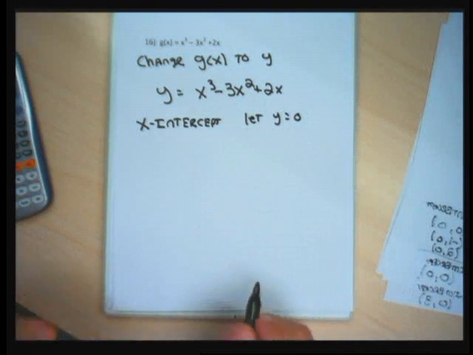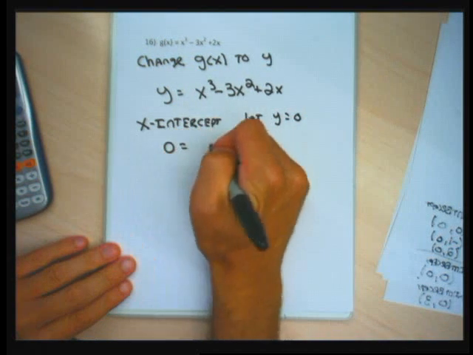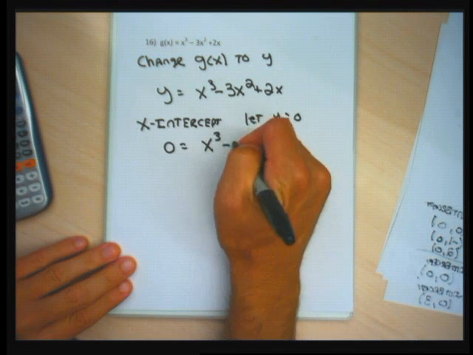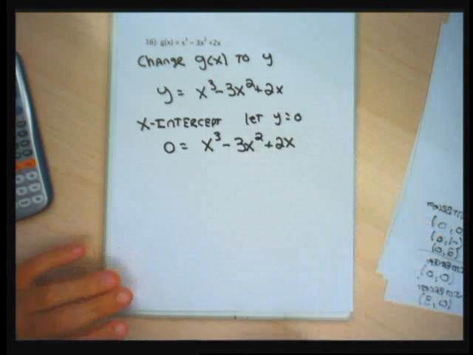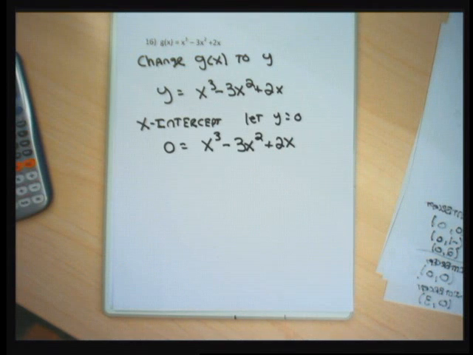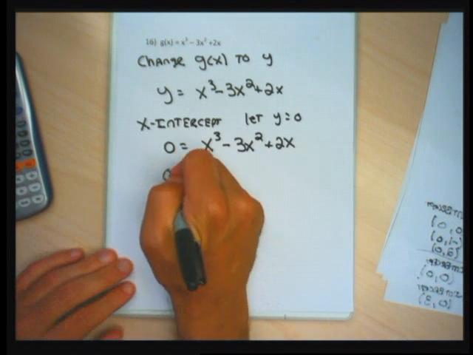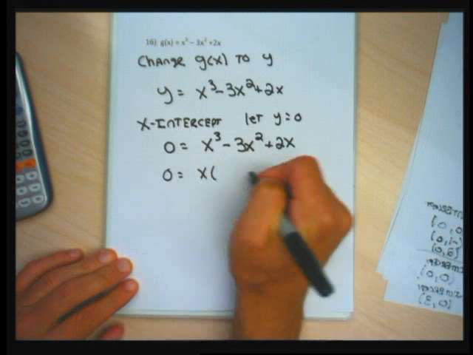For the x-intercept, I let y be 0, so I'm going to go 0 equals x cubed minus 3x squared plus 2x. Because there's an exponent, I know I need to solve by factoring. Because there's a common factor of x, if I don't factor it out first, I'm going to mess up. So I'm going to pull out a common factor of an x.